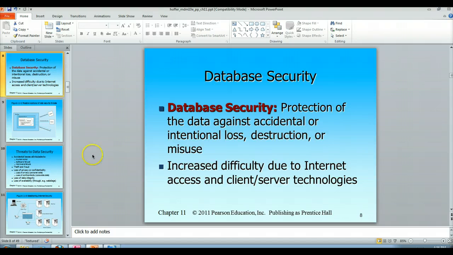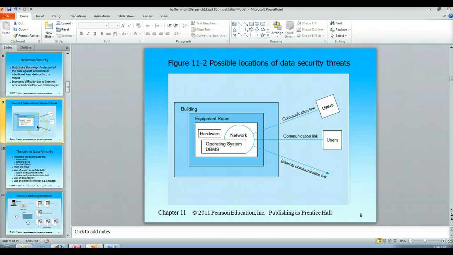But let's take a look at where threats can come from and what we actually have to protect when it comes to database security. So first of all, there's the database management system at the core of everything. We need to be able to secure the database management system. Outside of that, we need to protect the operating system that the database management system operates within. And depending on what operating system that is, there are different security measures that you have to take.